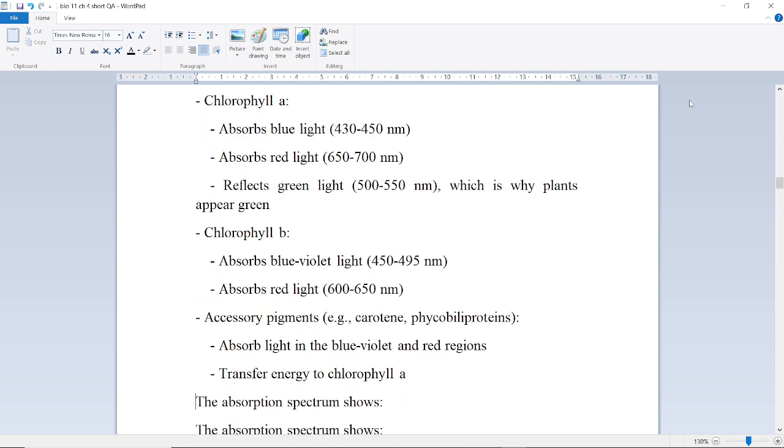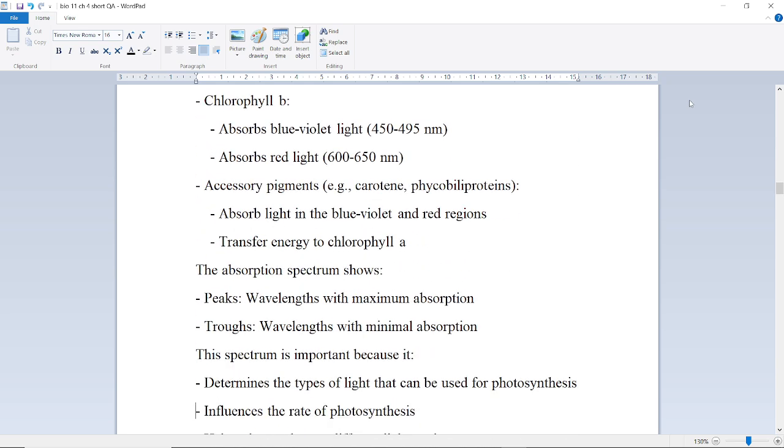Chlorophyll B absorbs blue-violet light (450 to 495 nanometer) and red light (600 to 650 nanometer). Accessory pigments, for example carotene and phycobiloproteins, absorb light in the blue, violet and red regions and transfer energy to chlorophyll A.